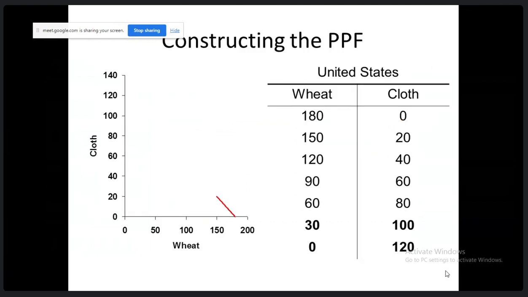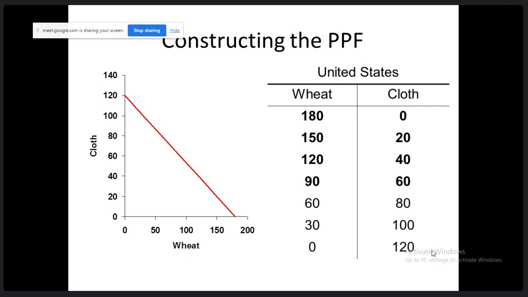So we get the first point on the production possibility frontier, that is 180 and 0. If we measure wheat on the OX axis and cloth on the OY axis, the first point that we are getting here is 180 wheat and 0 cloth. And the other point on the OY axis that we are getting is 0 wheat and 120 cloth.